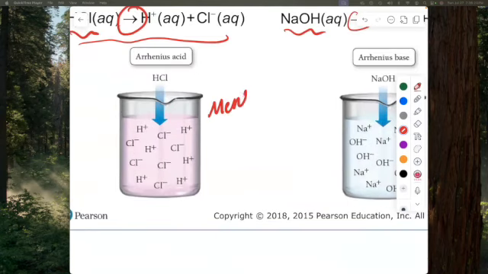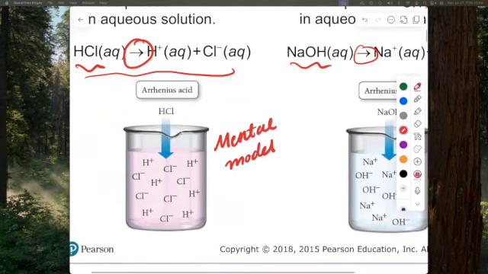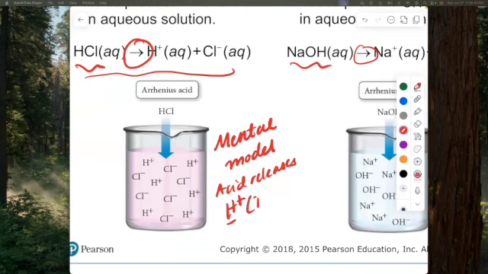For those of you who are going to be doing the face-to-face lab, the mental model here is showing you that the acid releases H plus. And the H plus here is that acidic hydrogen, right? Actually, the only hydrogen.